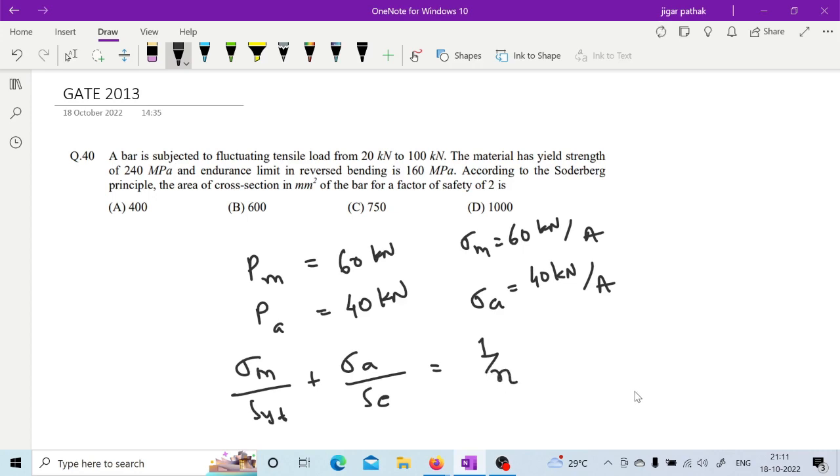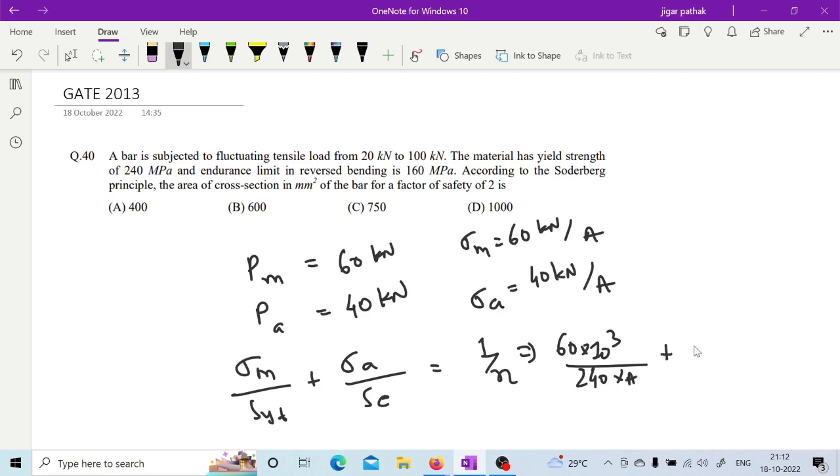Factor of safety is given here, so only unknown is area. Sir, 1000 is coming? Yes, correct. So sigma m is this, 60 into 10 raised to 3 upon Syt is 240 and Se is 160.